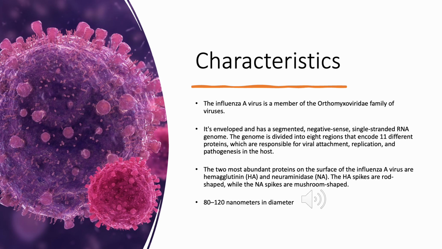The two most abundant proteins on the surface of the influenza A virus are hemagglutinin (HA) and neuraminidase (NA). The HA spikes are rod-shaped, while the NA spikes are mushroom-shaped. The size of the virus is 80 to 120 nanometers in diameter.